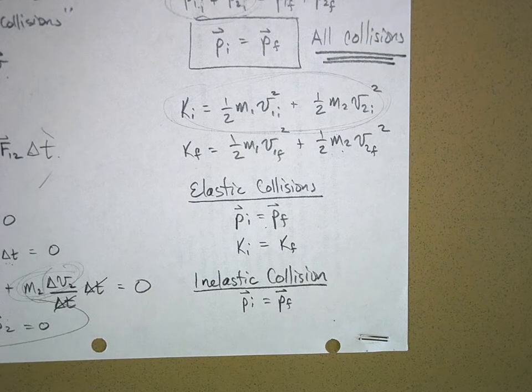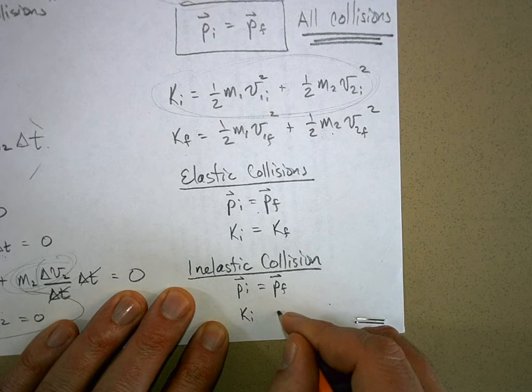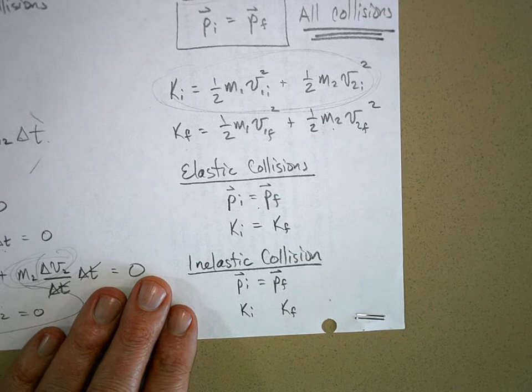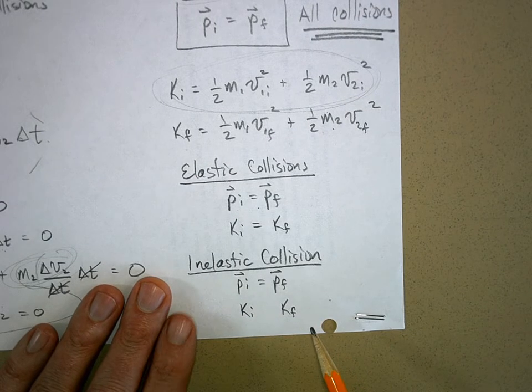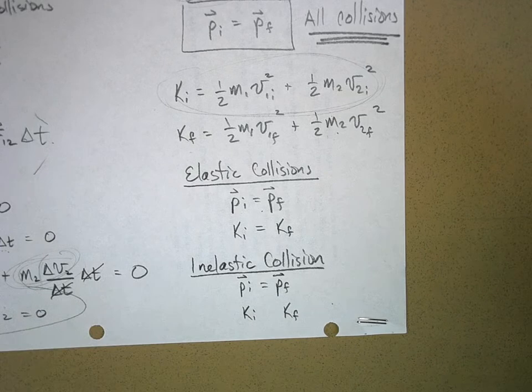So not as much energy is left to be kinetic energy. So what's true about K initial versus K final? If you have an inelastic collision, you're going to take some kinetic energy away to warm up the material.